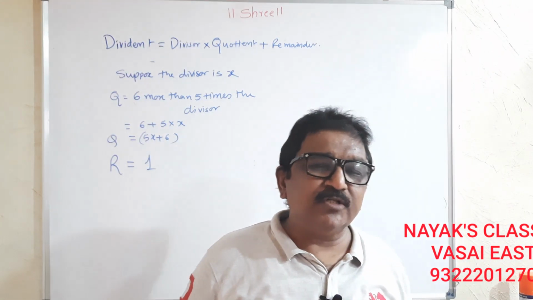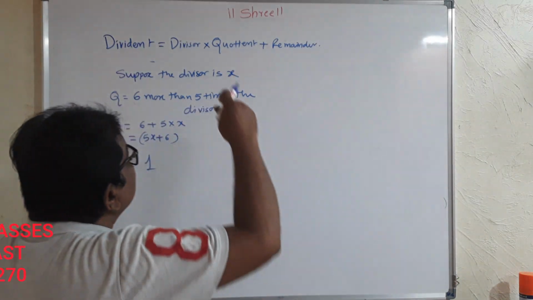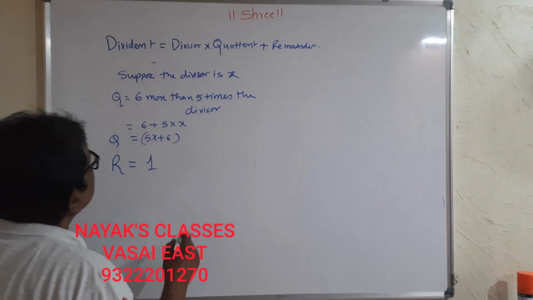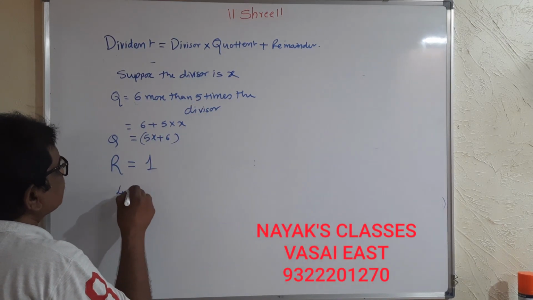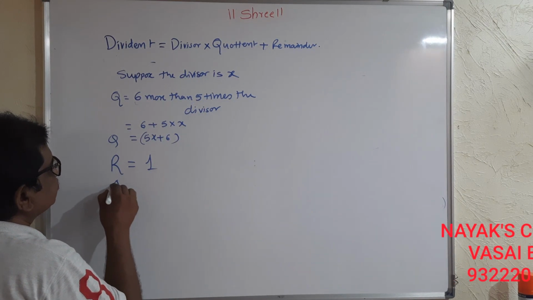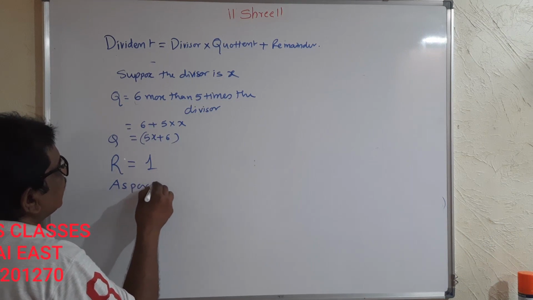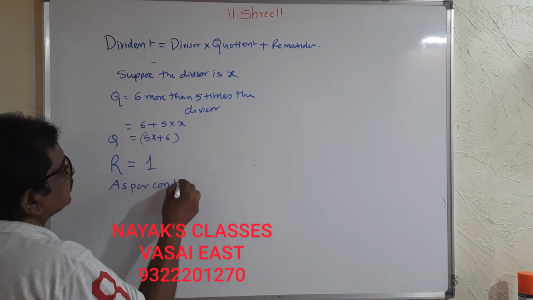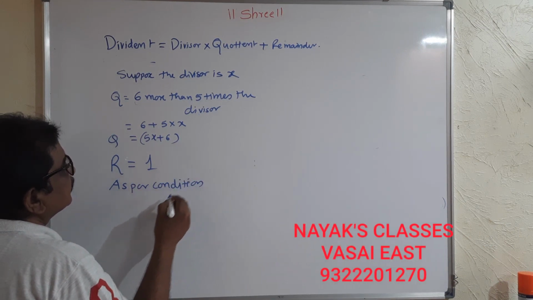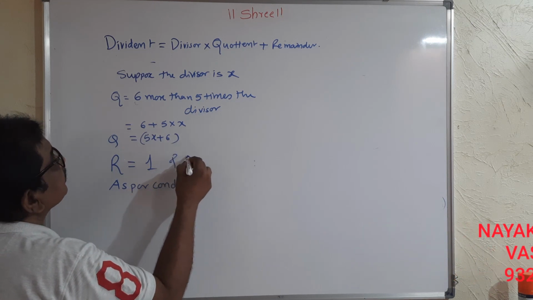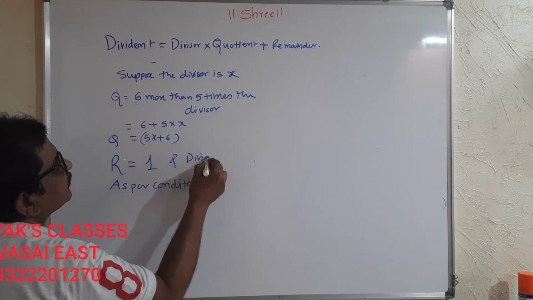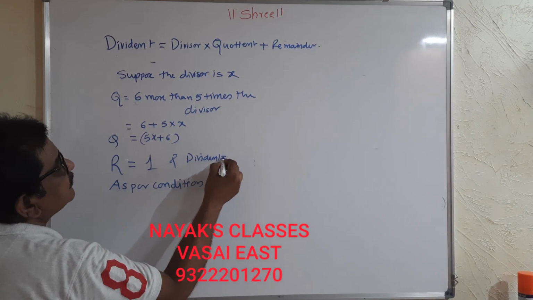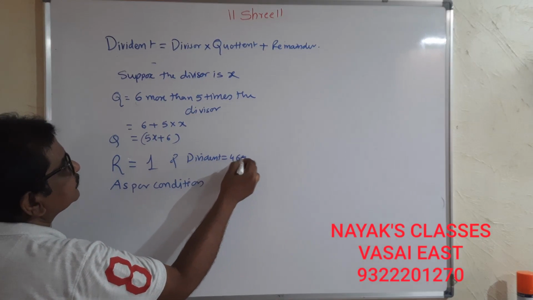When we put all these things together in this equation, the dividend is 460 as per the condition.